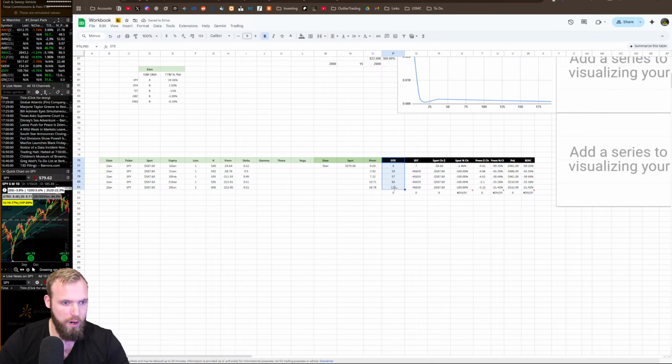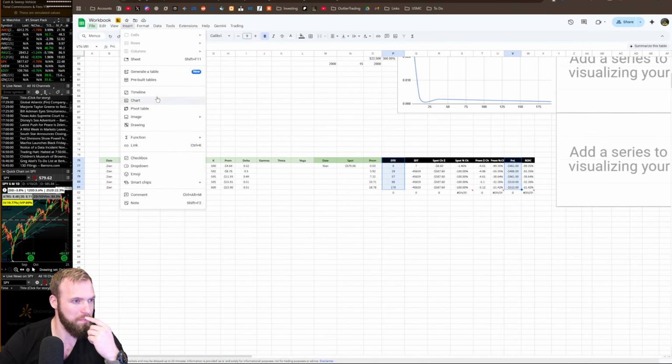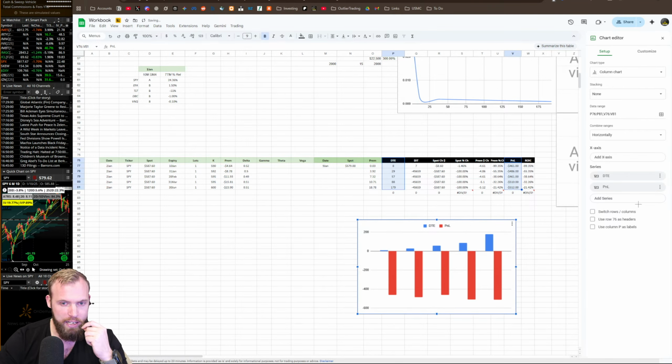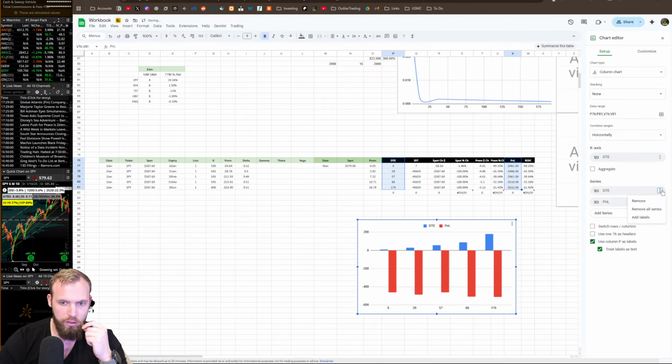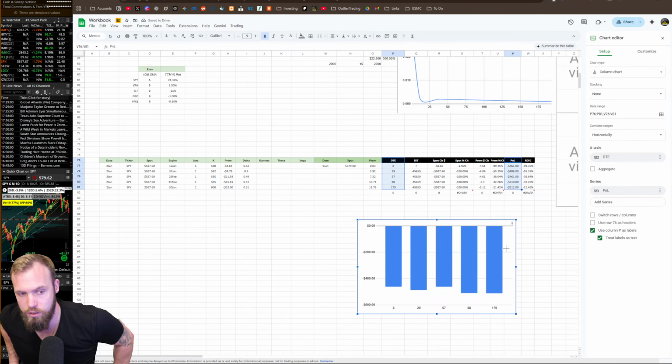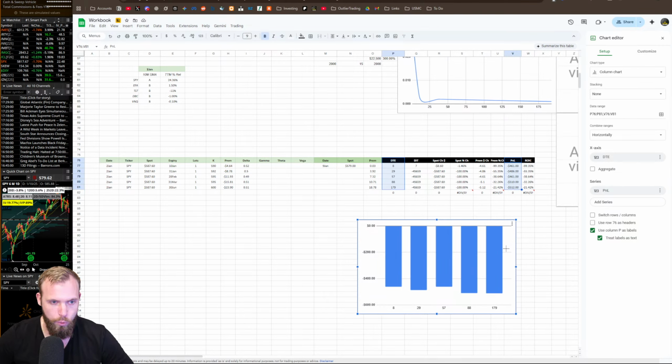If I drop in a table on this, or a chart, I should say, I can get a sense of how these are behaving relative to one another. So I'm plotting the days to expiration, and then I'm plotting the subsequent P&L for the same move.